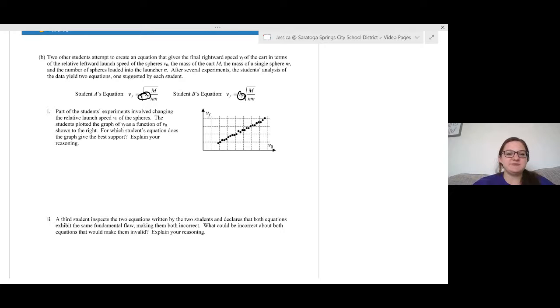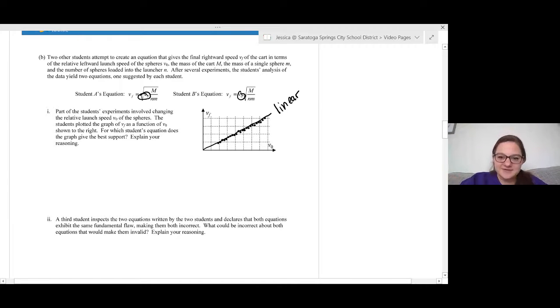So part of the students' experiment involved changing the relative launch speed of the spheres. The student plotted a graph of V final versus V0, so the final velocity of the cart versus the launch velocity of the sphere. For which student's equation does the graph give the best support? I'm looking at this graph, and this graph looks very linear, okay?